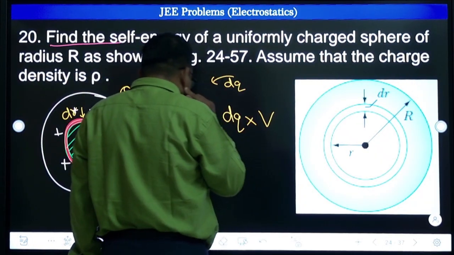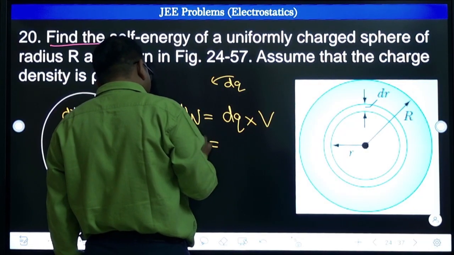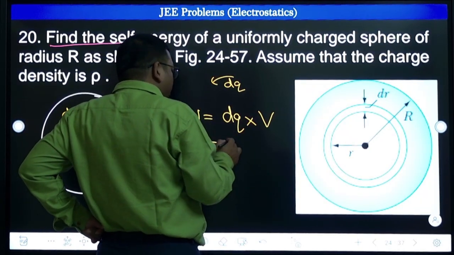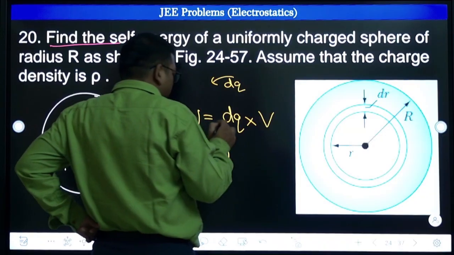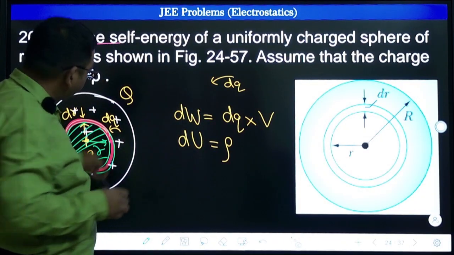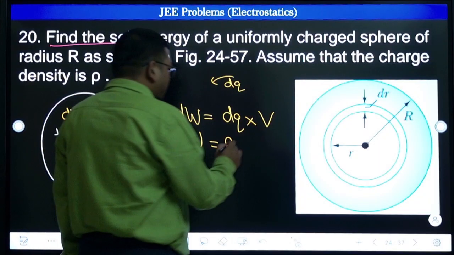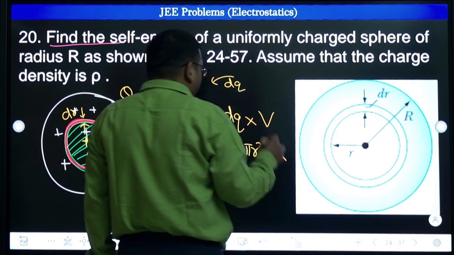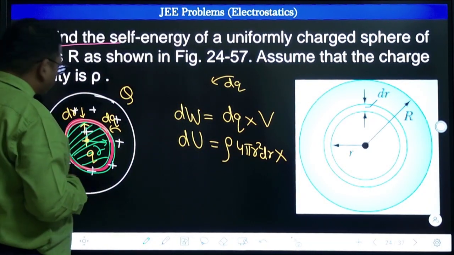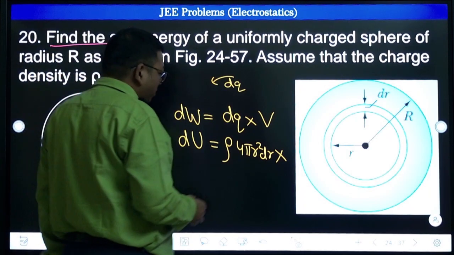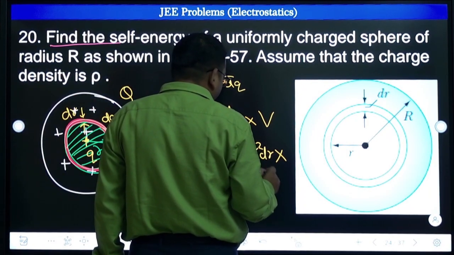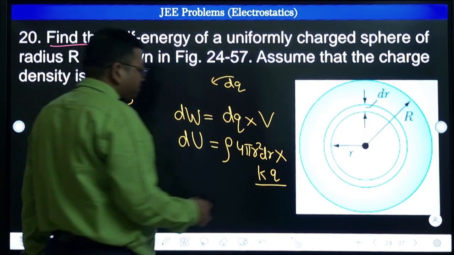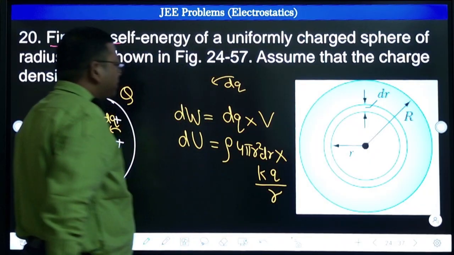This is the change of potential energy, and we will integrate that. So dq you can write as volume charge density times this volume, which will be 4 pi r square dr, times the potential. What is the potential formula? KQ by R.